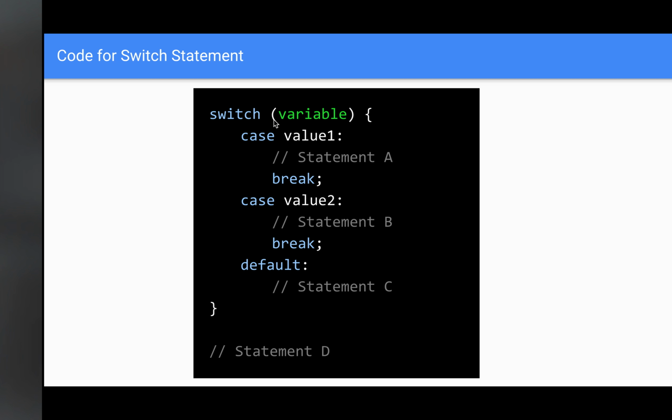And so this is basically saying if variable equals value 1, do this. And then the break separates the different cases so that they are distinct from each other and they don't bleed together. And then default is like else. It's what happens if none of the other cases are caught.